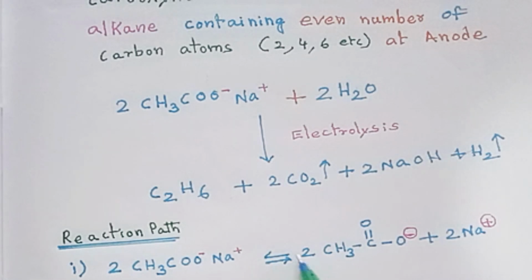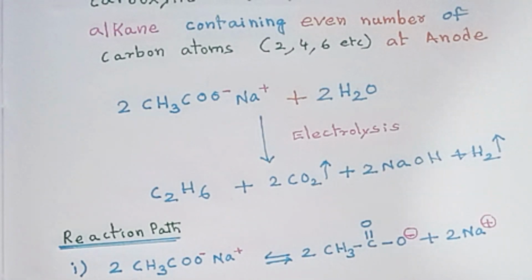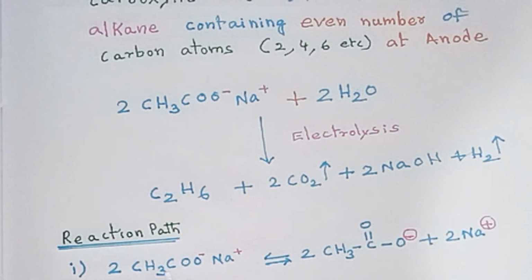This is a reversible process. 2CH3COO minus Na plus is split into 2CH3 C double bond O minus, that is the acetate ion, and sodium plus ion.